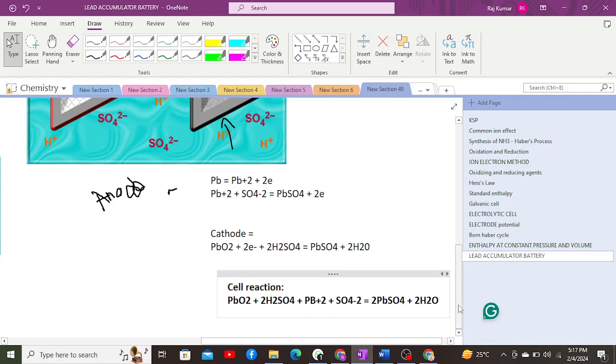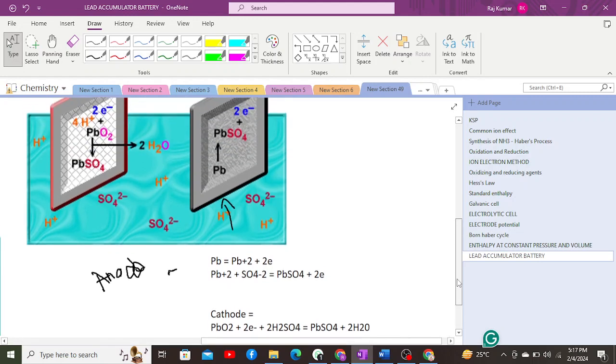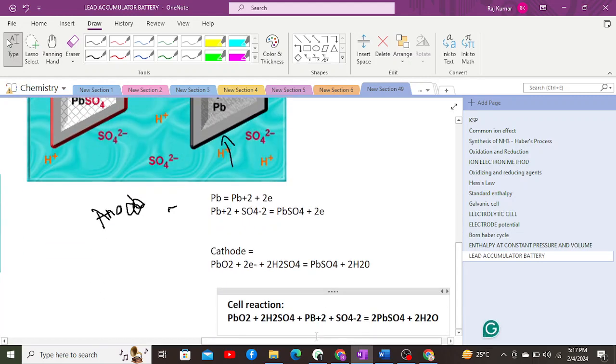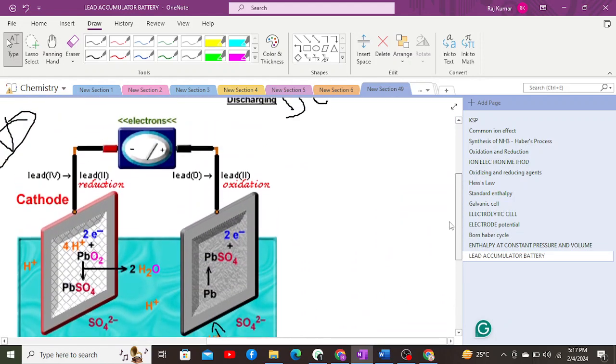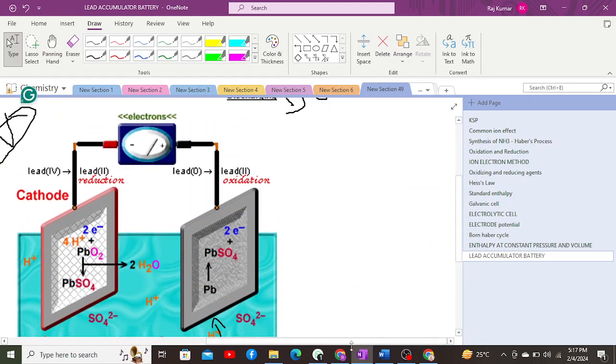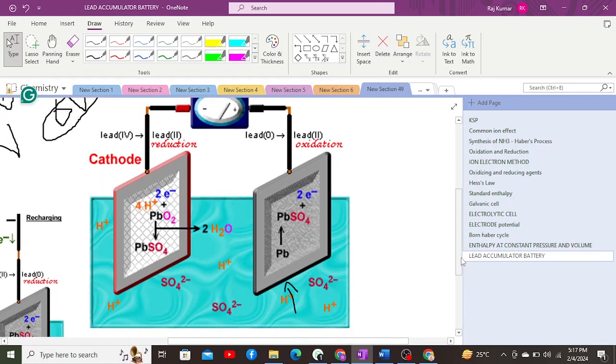Then the reaction will be completely finished, and at that point the cell potential would be 0.00 volt. Apart from that, this was the process considered as discharging of the lead accumulator battery.